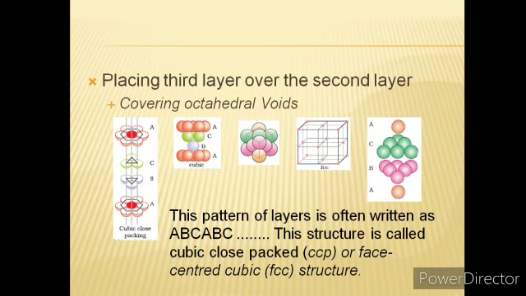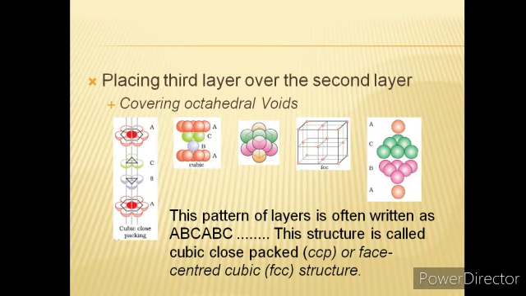It will be different from both, so it is named layer C. This type of pattern is written as ABC arrangement. This is also called cubic close packed or face centered cubic structure.